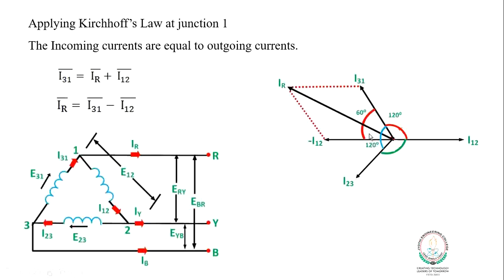What will be this angle? This angle will be 360 minus 120 minus 180, that is equal to 60 degrees. So the angle between I31 and this minus I12 will be 60 degrees.